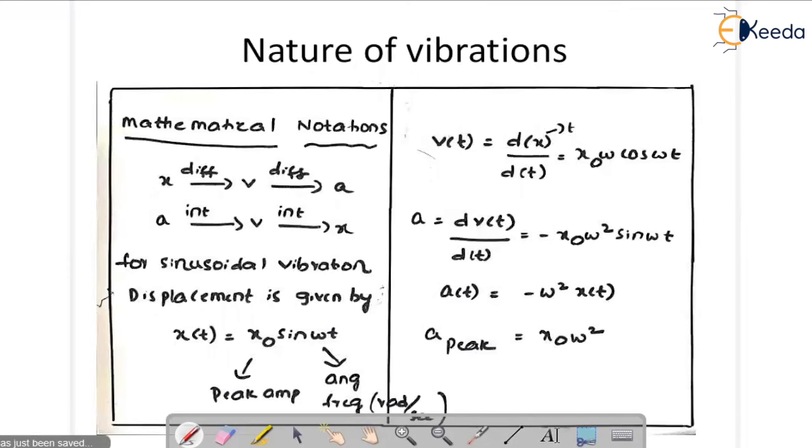The nature of vibrations can be represented mathematically. Displacement is x. If you differentiate, you get v, and if you differentiate again, you get a.